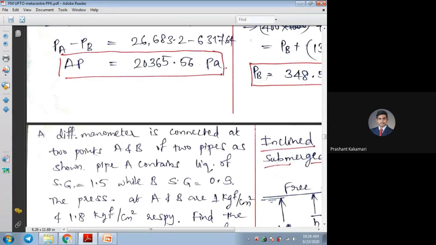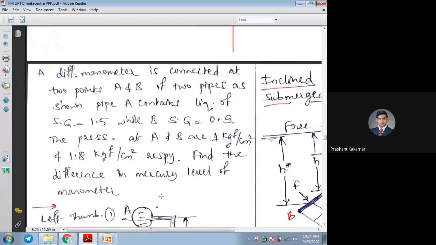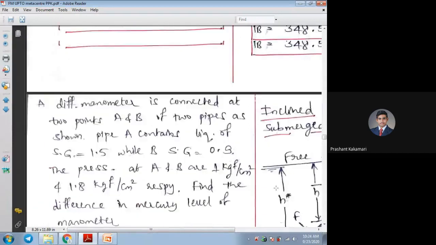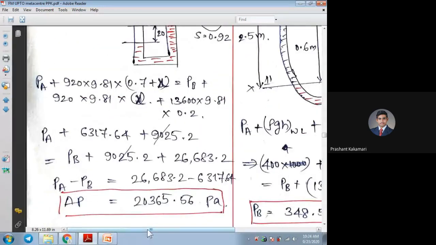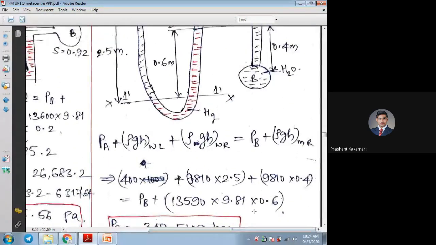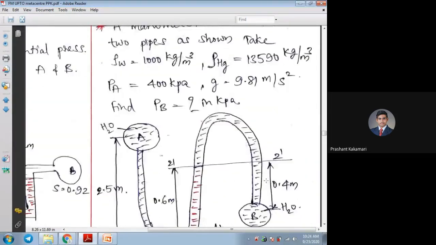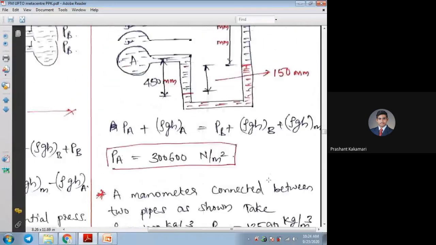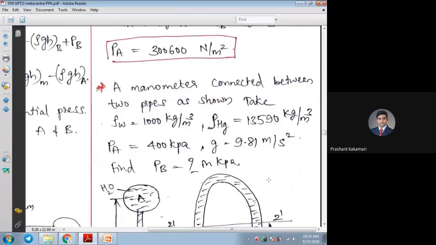Okay, one more problem we will solve to understand the procedure. So this is also differential. This one you write down. This is a different type.